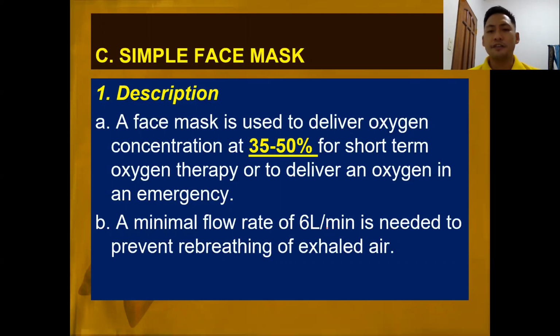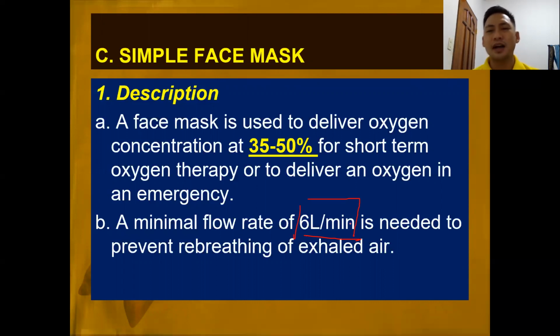Because if you do not regulate the oxygen device to this rate, then you will be re-inhaling the carbon dioxide or the air you have expelled. So regulating up to 6 liters per minute or more could flush out the carbon dioxide you have exhaled. So take note of this minimum regulation.